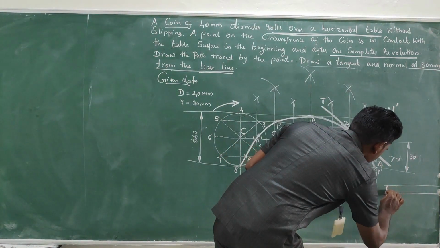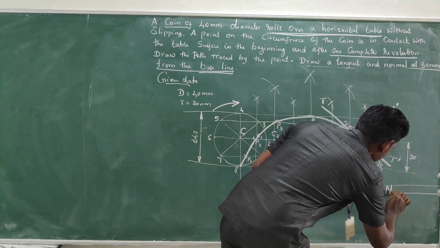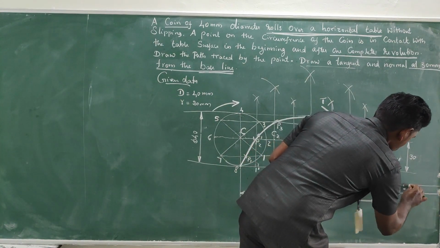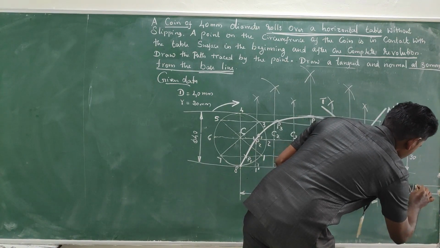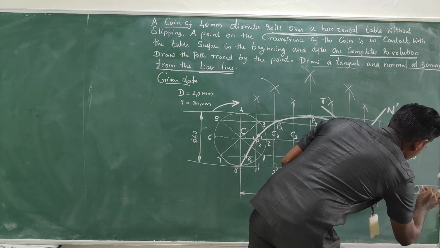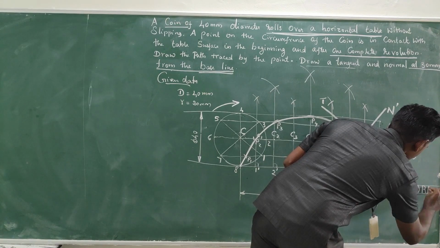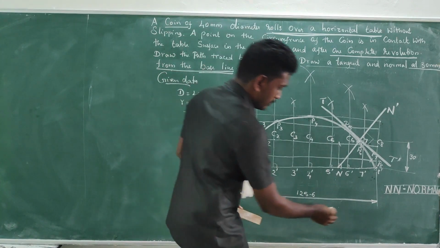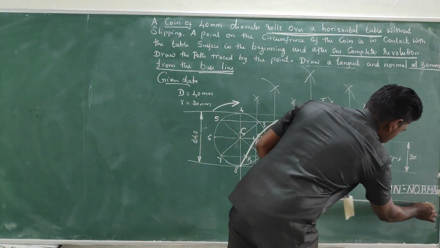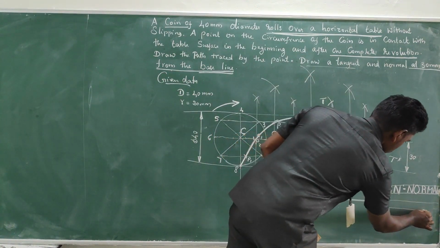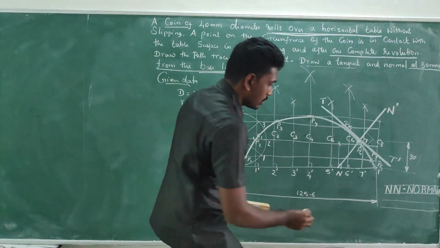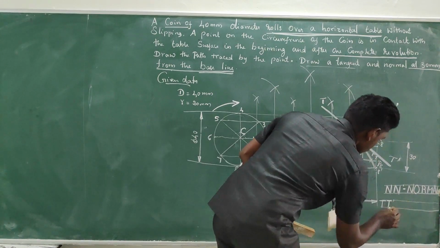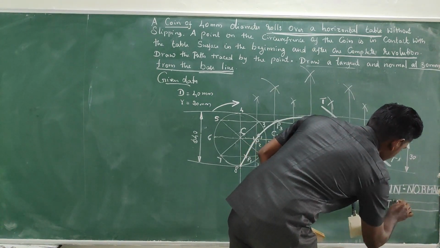So that must be captured here, N dash as normal. Okay, and next tangent. So T dash as tangent.